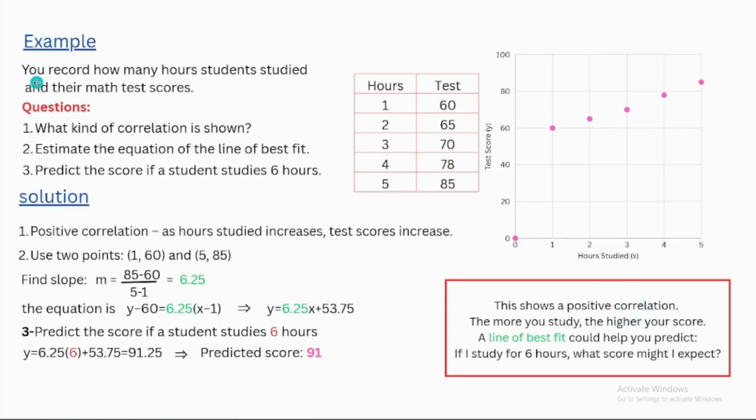Here is an example. You record how many hours a student studied and their math test score. So there is data between hours and the score of the test. I will represent this data in the graph: 1 and 60, 2 and 65, 3 and 70, and so on. So I represent the data.